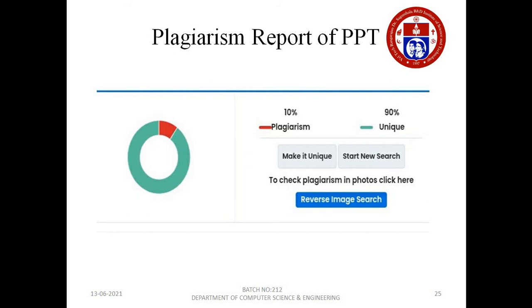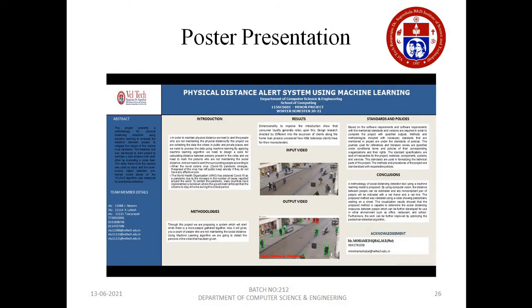This is our plagiarism report: 10% plagiarism has occurred and 90% is unique. This is our process presentation, which contains the introduction, methodologies, results, input video, output video, standards and policies, conclusion, abstract, etc.